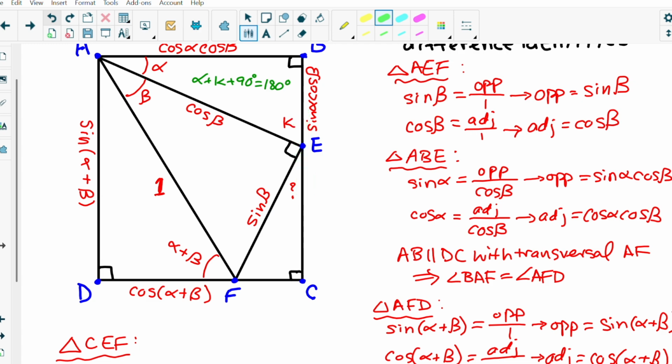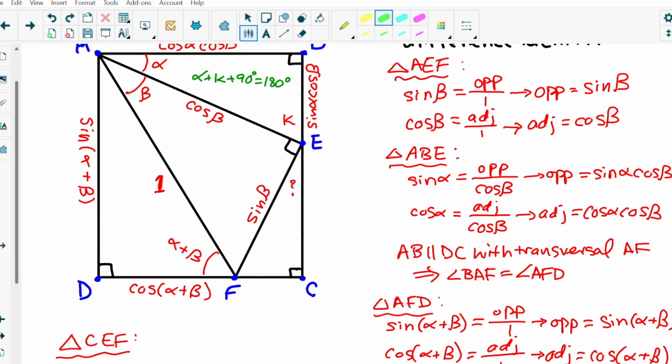So on that straight line, I have angle K plus 90 degrees plus question mark, that also has to equal 180.